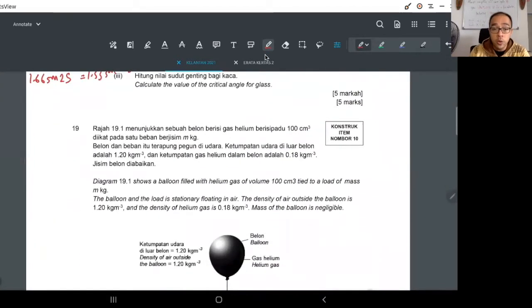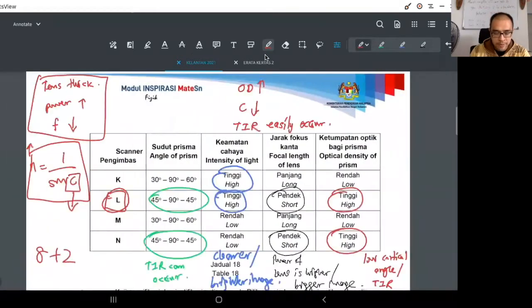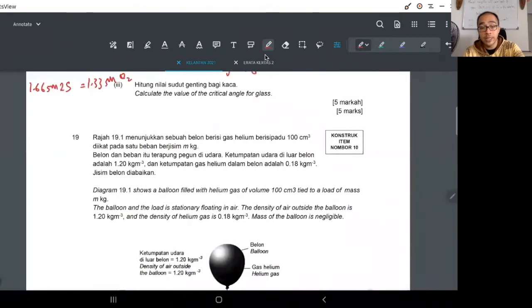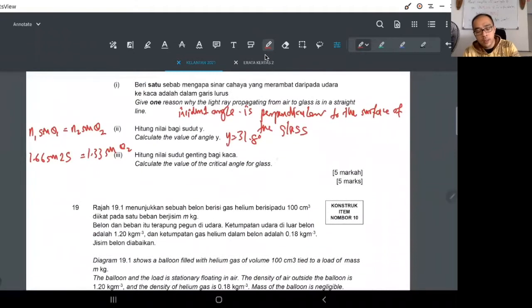And since we know the refractive index of glass is 1.66, so 1.66 equals to 1 over sine C. So you pindah, and you should be able to get C equals to 37.04 degrees. Just to show you what the working is like and how to get the answer.